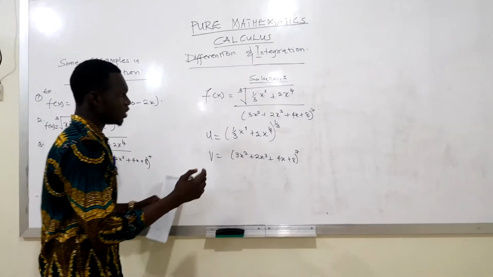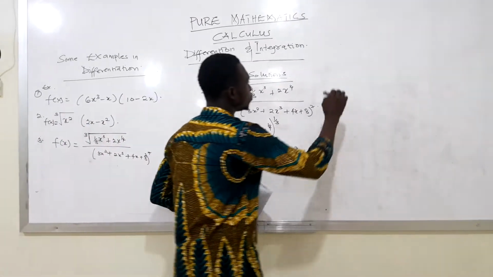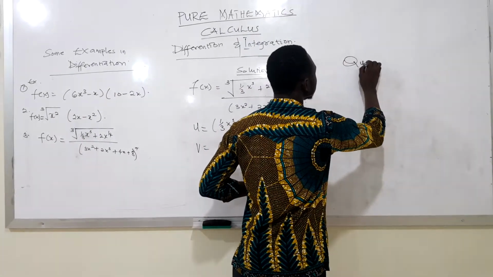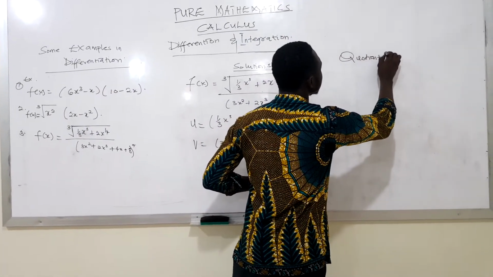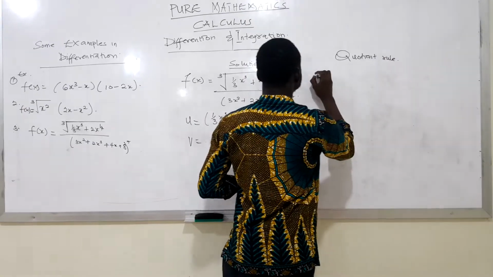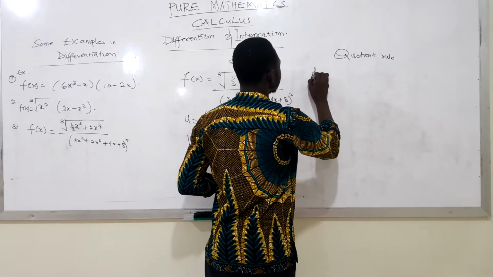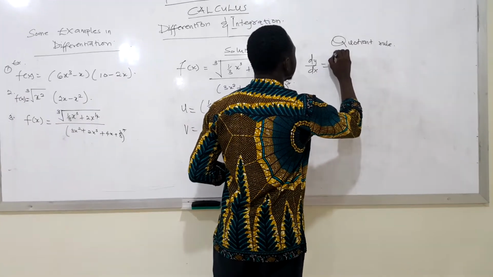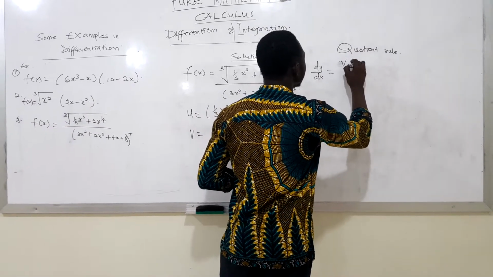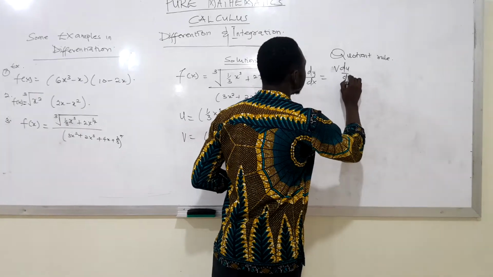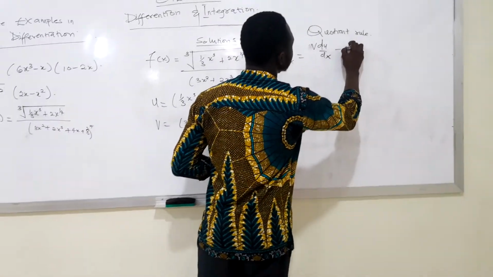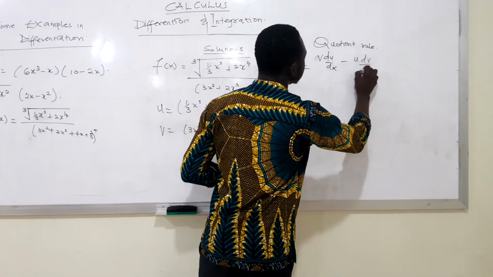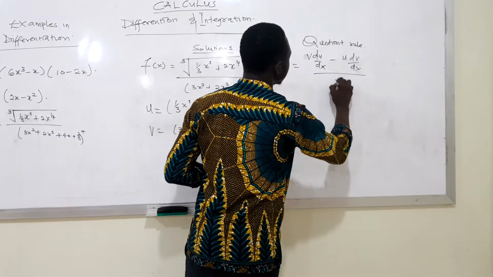And now we are going to use the quotient rule. So our dy/dx is equal to v du/dx minus u dv/dx, all over v squared.